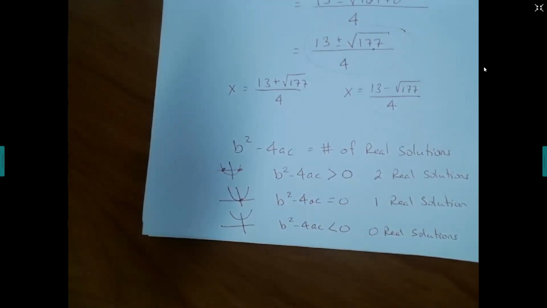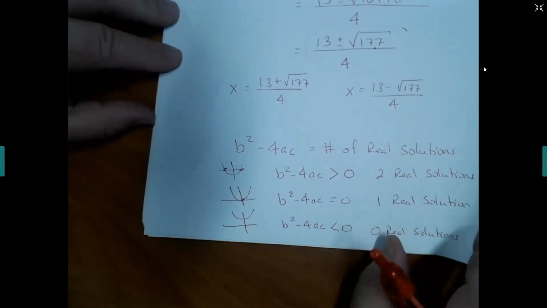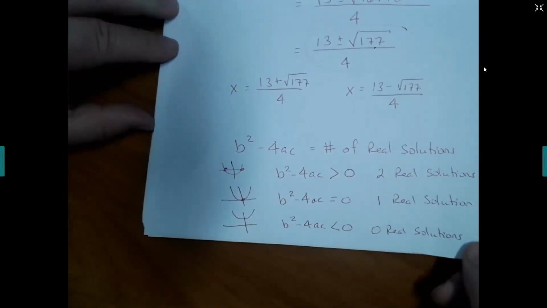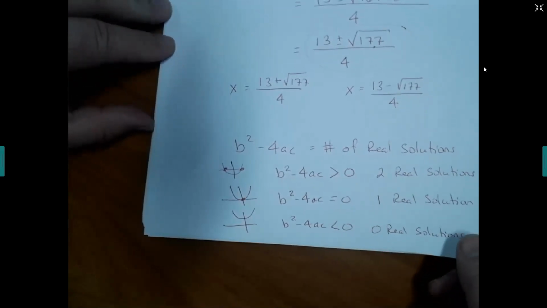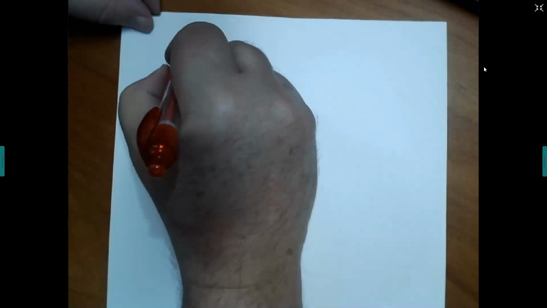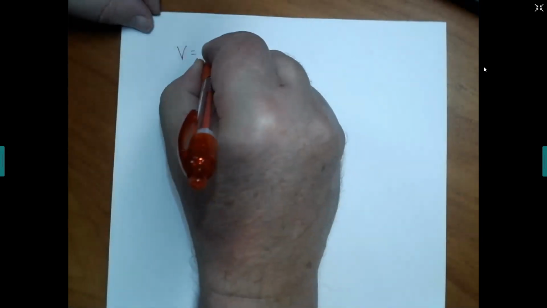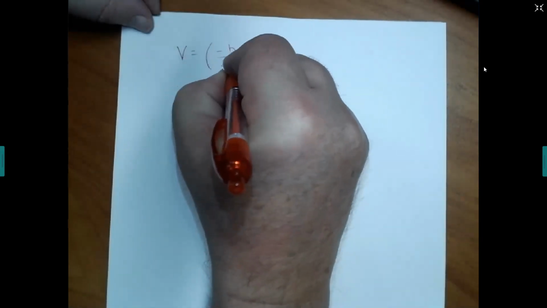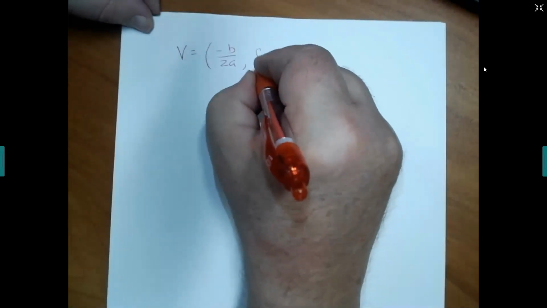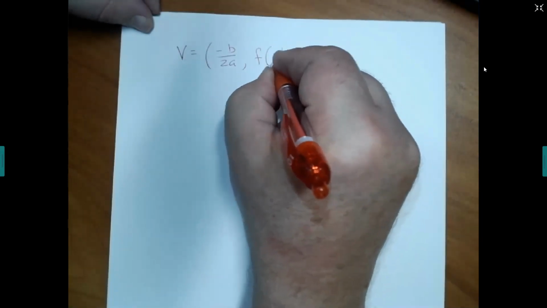You want to know what else this equation tells us? Remember, in our last class, we talked about the formula for finding the vertex? To find the vertex, our formula was negative b over 2a, and whatever that answer is, we put it back into the equation.